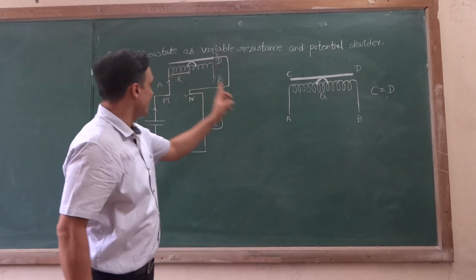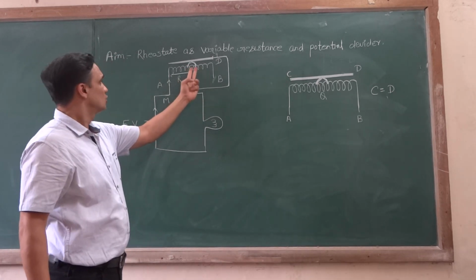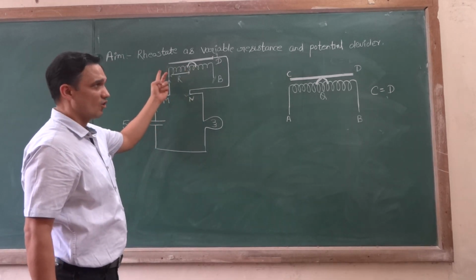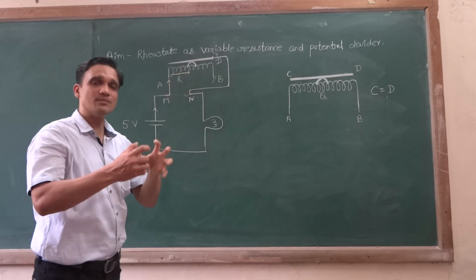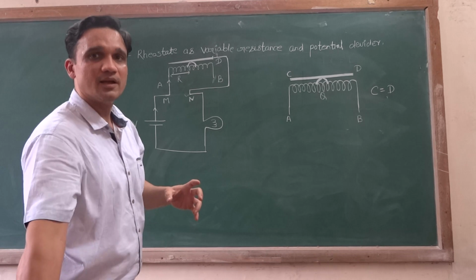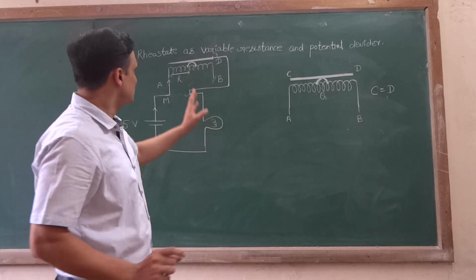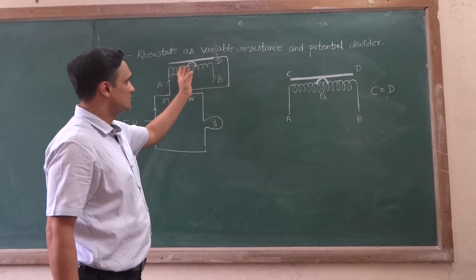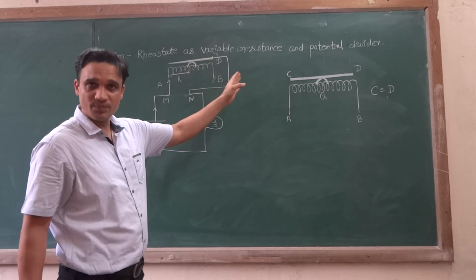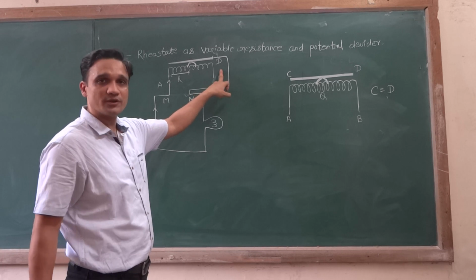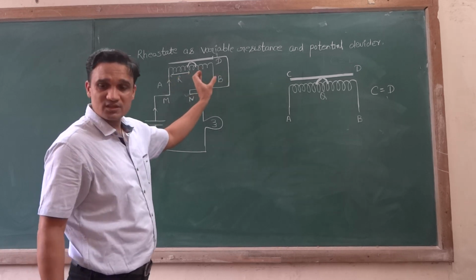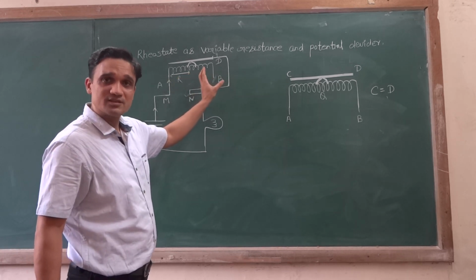So if you slide this contact towards the end A of the rheostat, then this portion will start to decrease, so less resistance will appear in the circuit. If you slide this contact towards the B end of the rheostat, then more resistance will start to come into the circuit.